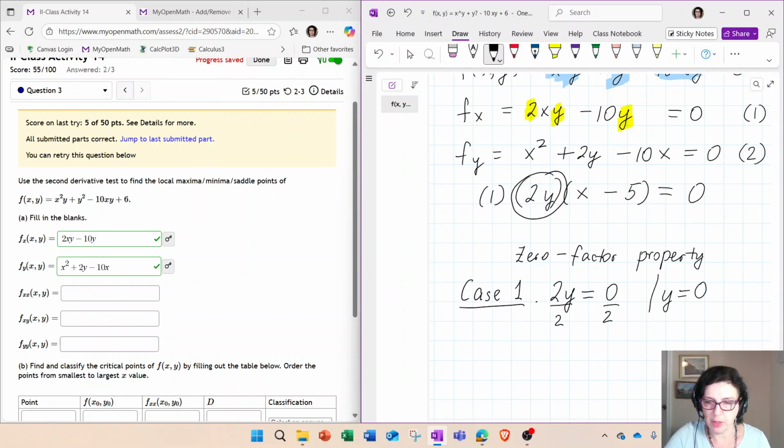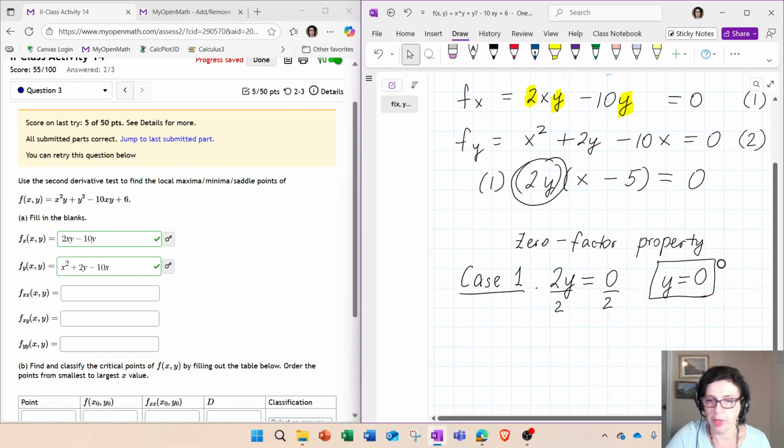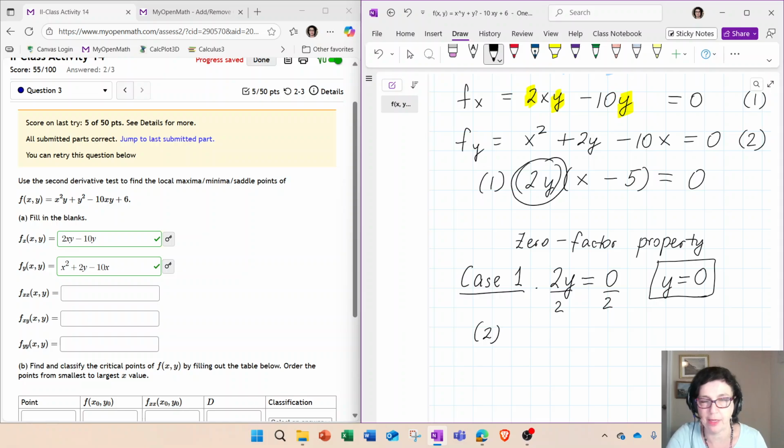After I get that, I am going to go back to the second equation that I ignored until now, and plug y equals 0 into the second equation. Do not just make x equal 5 and think that (5, 0) is your critical point.